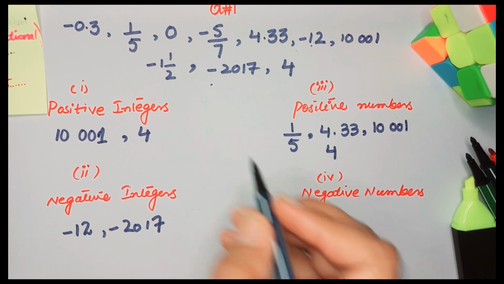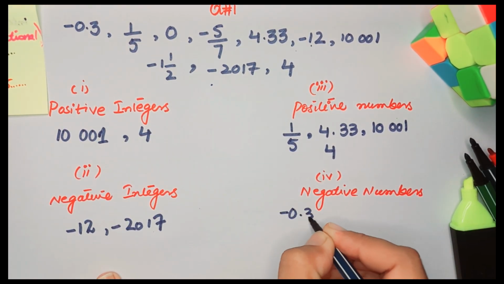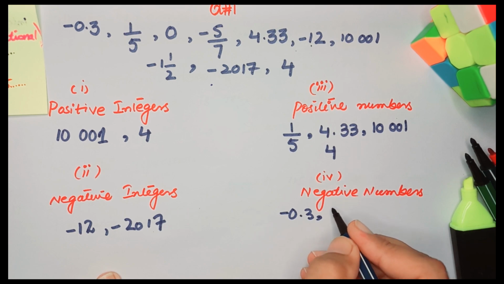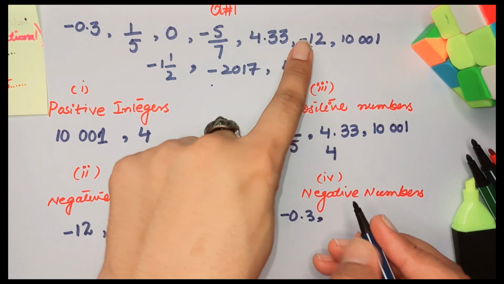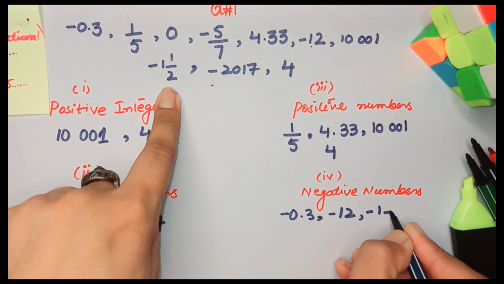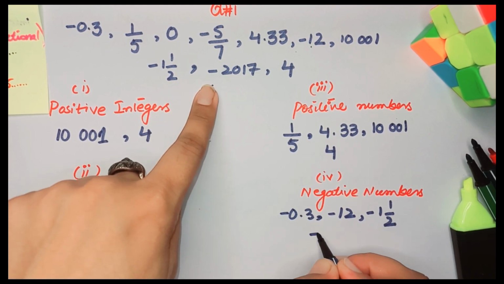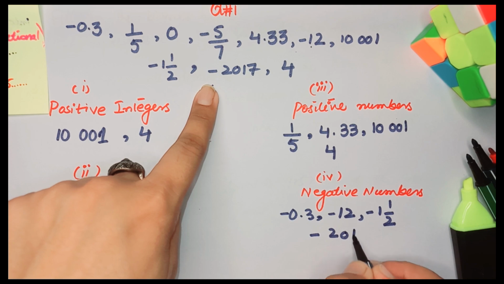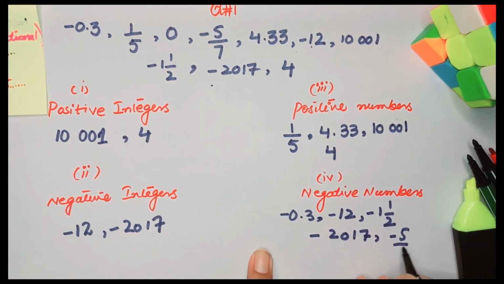Negative numbers, so you can easily identify the negative numbers: -0.3. Then you have the negative number -12. Then the negative number -1 whole 1/2, and then the negative number -2017, and I've got this one, that is -5/7.